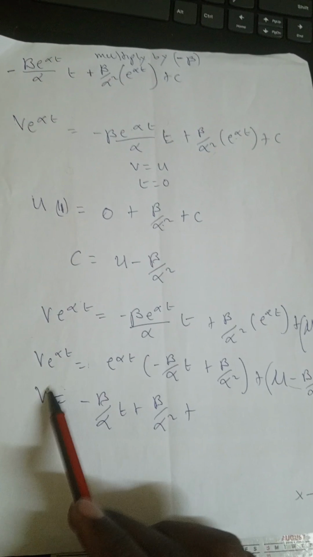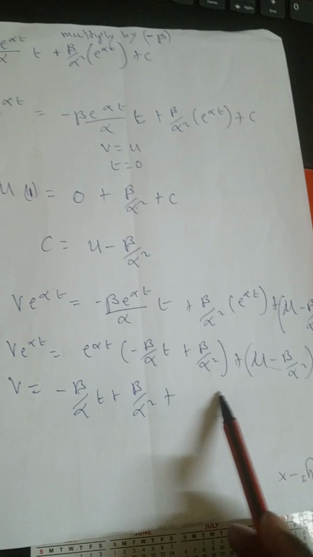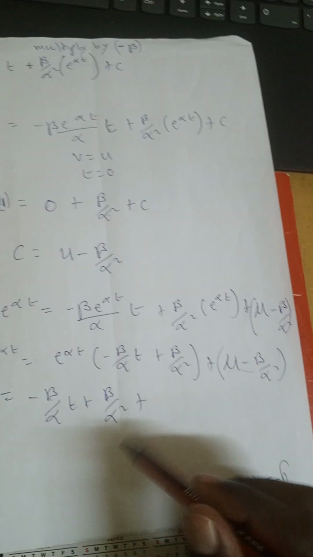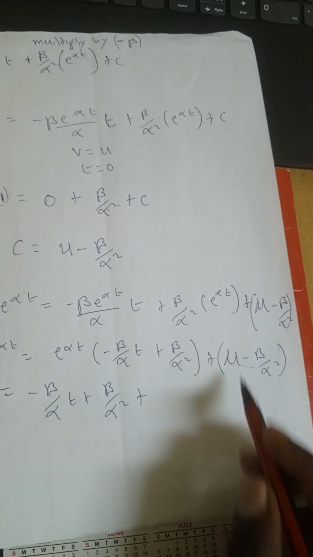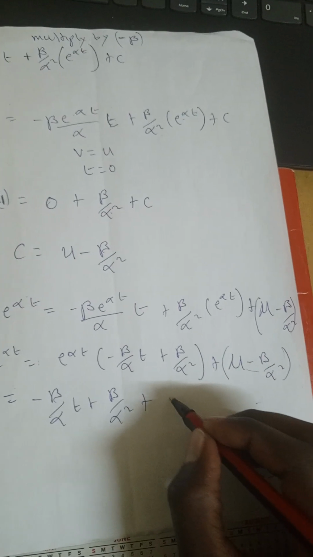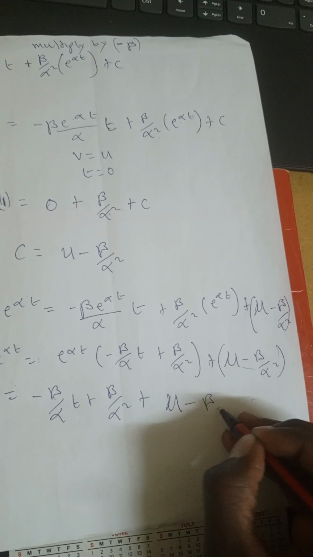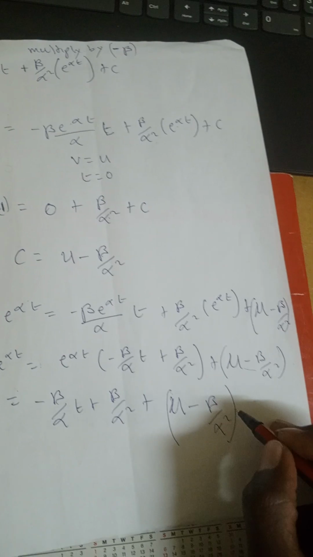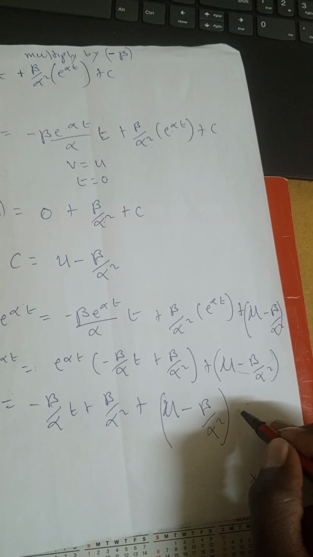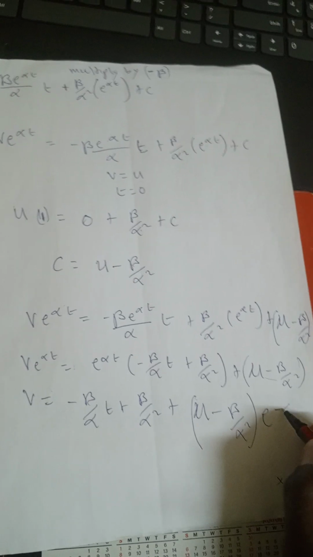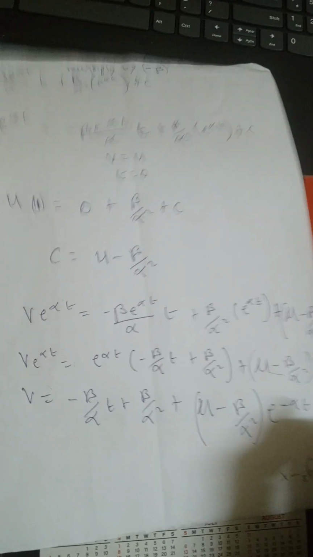Now for this one, since we are dividing this term by the same exponent, here there's no exponent for it to cancel. So for this part alone, it is going to be u minus beta over alpha squared multiplied by exponent to the power negative alpha t.